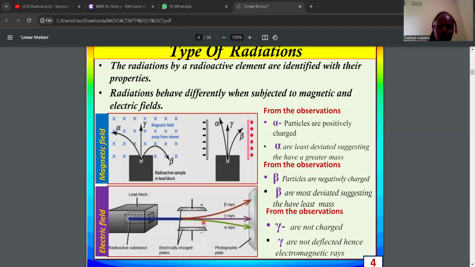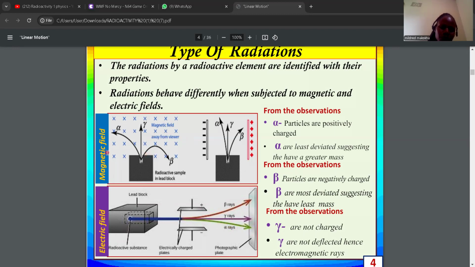From the previous clip, we noted that the alpha particles have a mass of 4, such that they are heavier than what? The beta particles that have a mass of 0, or a mass that is almost negligible. So because the beta particles have a relatively lower mass, they'll be deflected more, and the alpha particles will be deflected less.